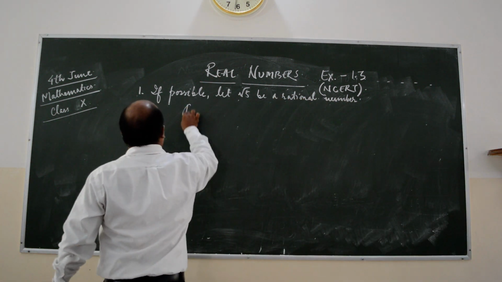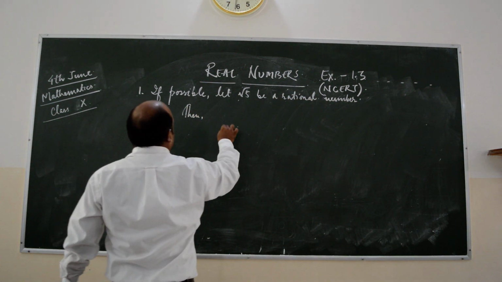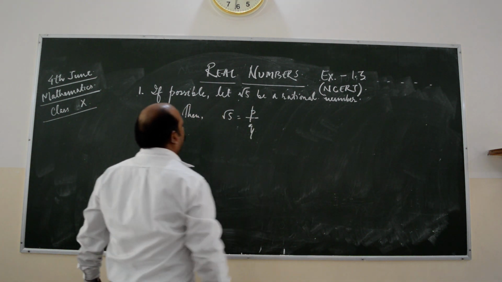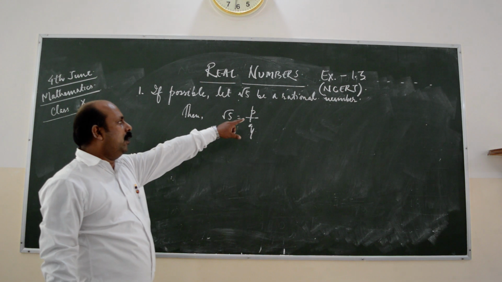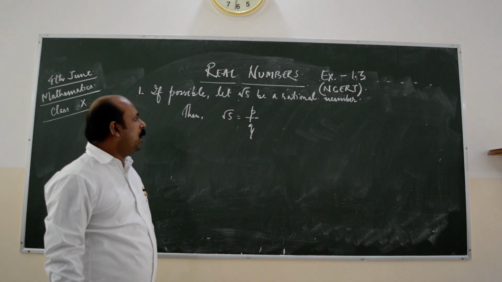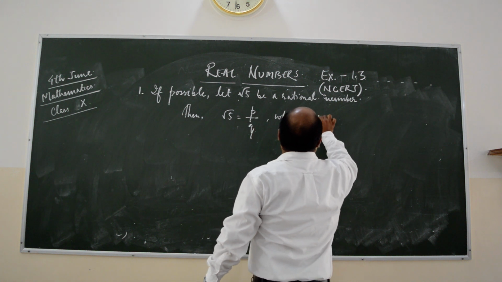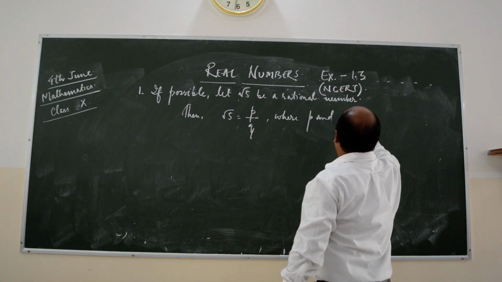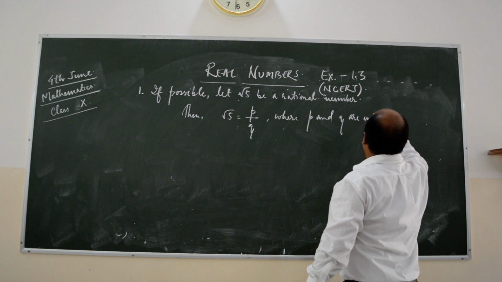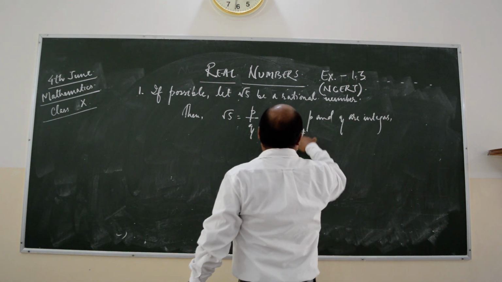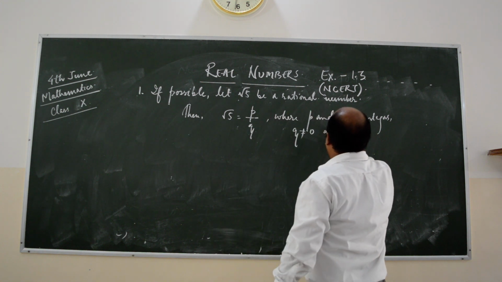Then we can say root 5 is equal to P by Q. Since it is a rational number, it can be written in the form P by Q, where P and Q are integers, Q not equal to 0.